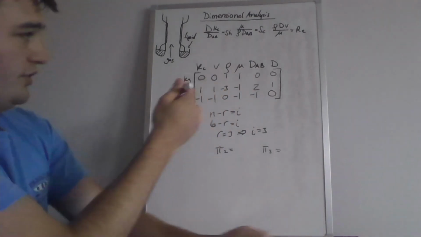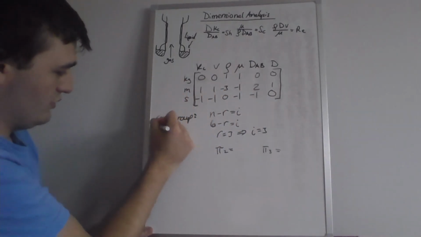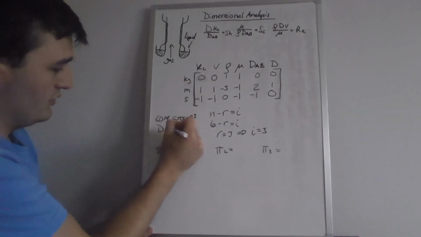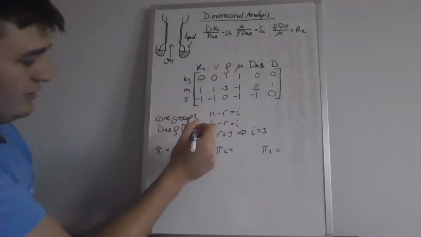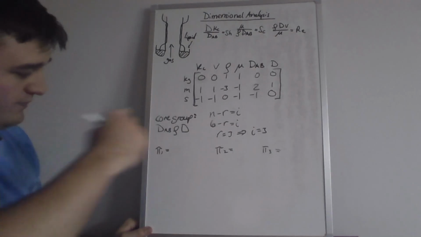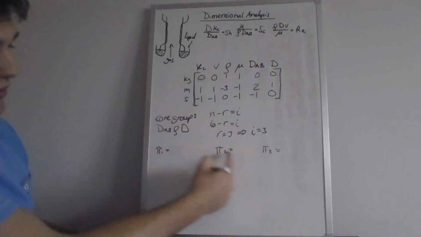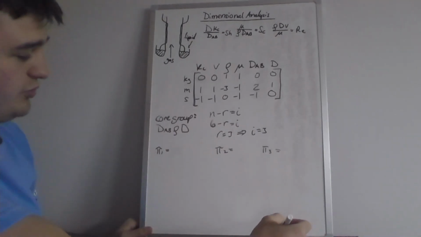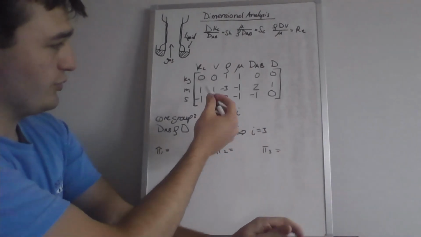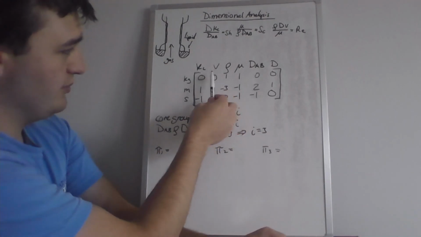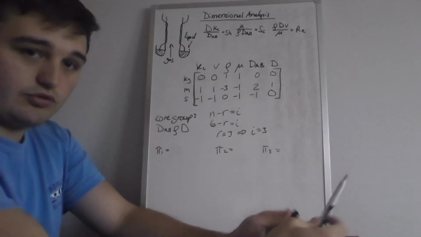So our core group is DAB, the diffusivity, our density, and our characteristic length, D. That is going to be consistent throughout all 3 of these dimensionless groups, and they're all going to be raised to some power. And then we're going to be changing the remaining 3 variables for each of the groups.